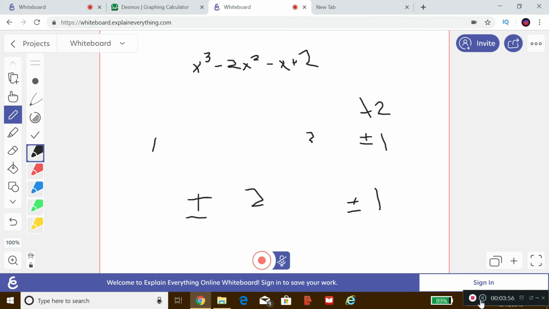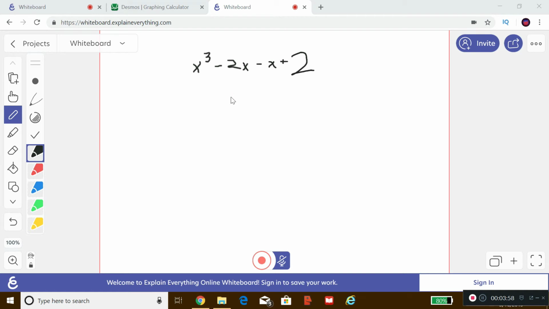But now, let's say that we found one factor. Like, say we found the positive 1. We found this as a factor. We could do synthetic division now. Tell me if you want a synthetic division tutorial in the comments down below.